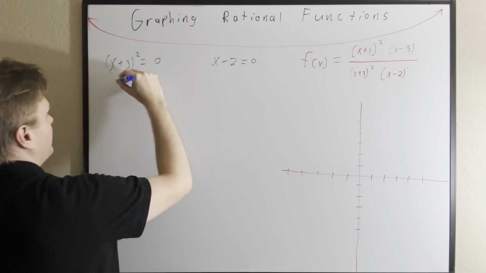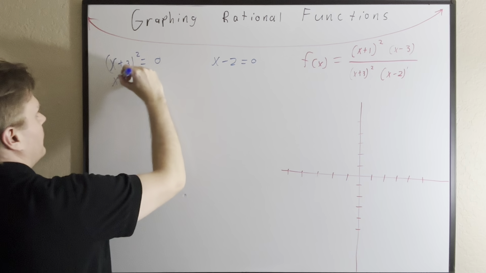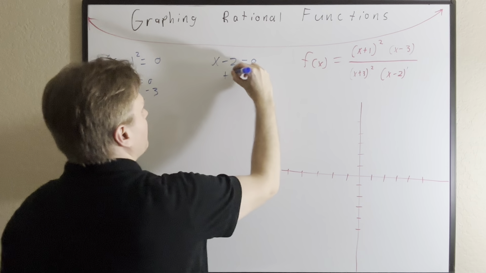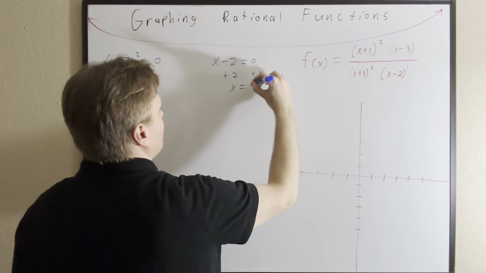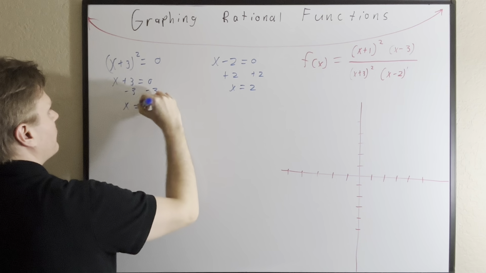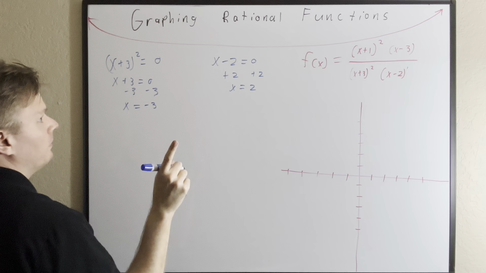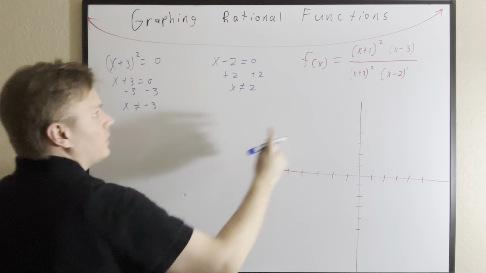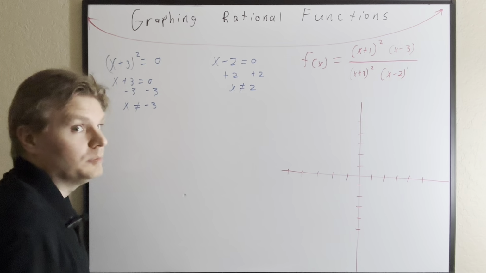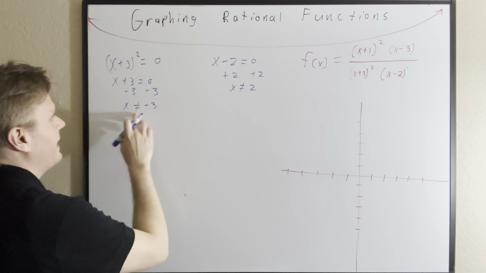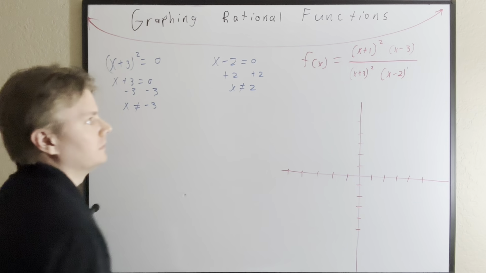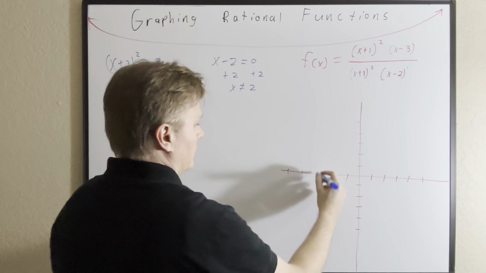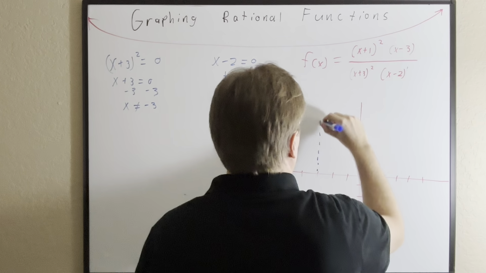Square root of 0 is 0, plus or minus 0, so x plus 3 equals 0. But they cannot be those numbers, because if they were, then the denominator would be 0, which is irrational. So I put x cannot equal -3 and x cannot equal 2. So those are our asymptotes, the vertical ones anyway.